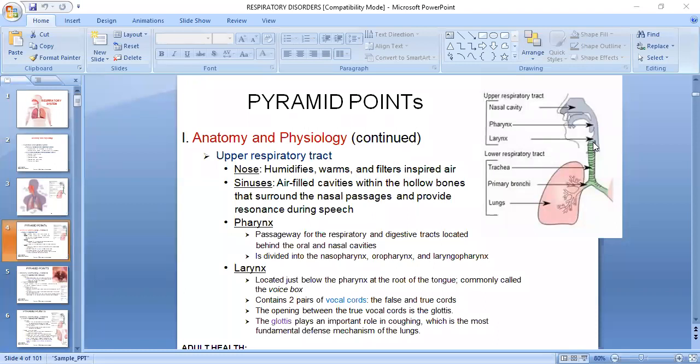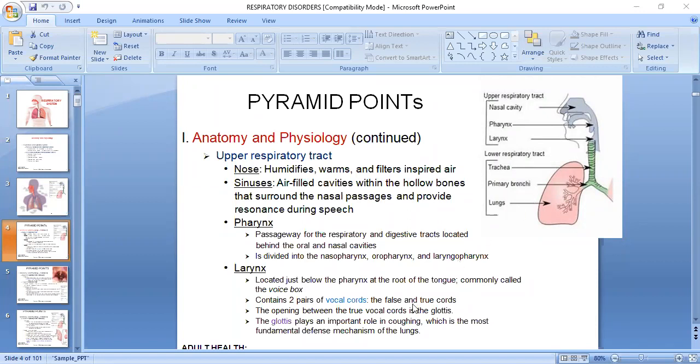If anybody is a smoker, they have a chance of developing vocal cord carcinoma. If anybody is a singer, they have a chance of developing vocal cord problems because they use them too much.